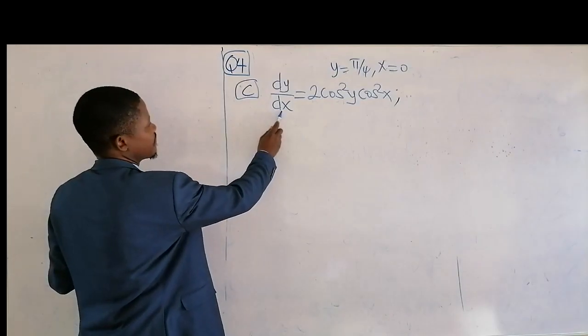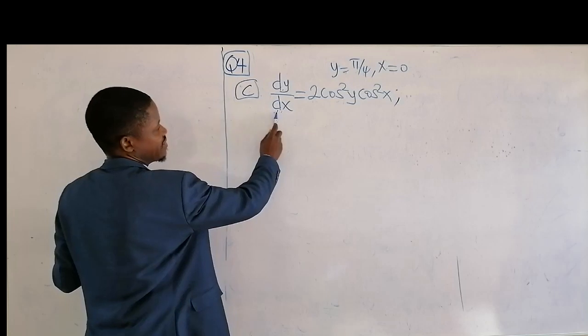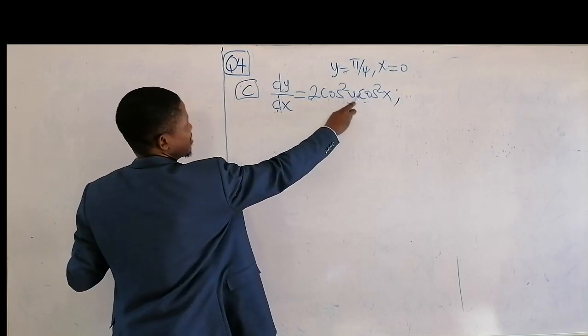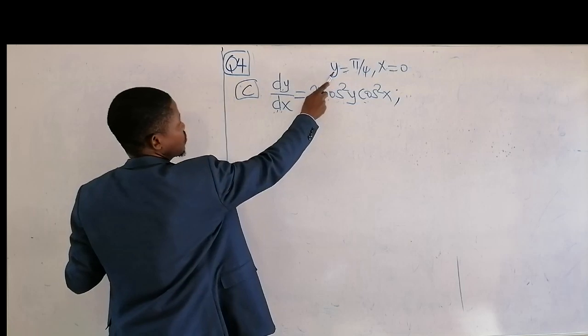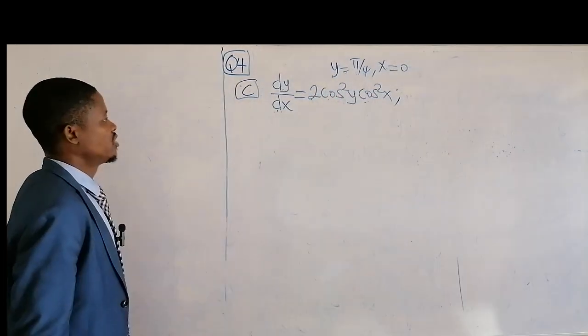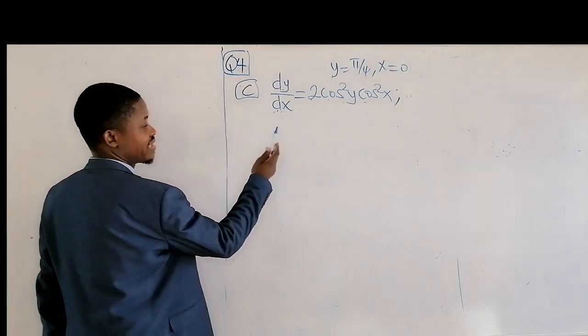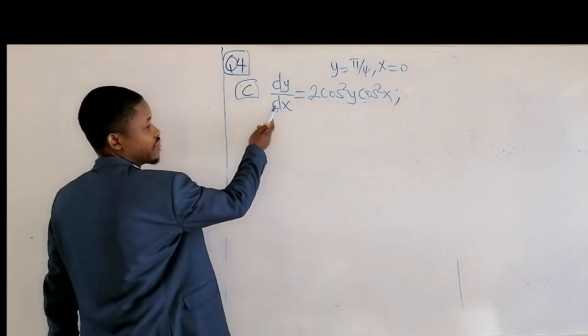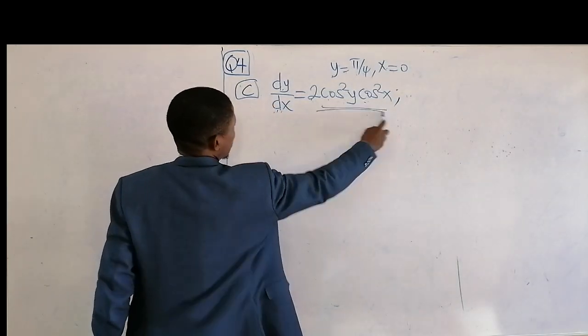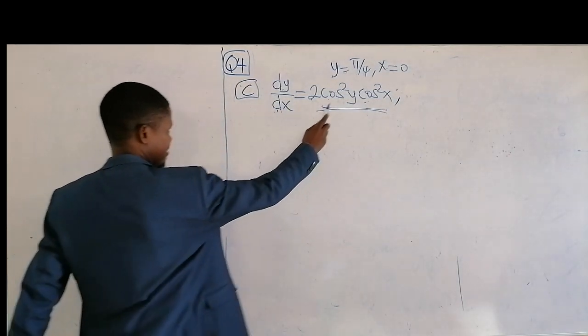The c part, we have dy/dx equal to 2 cos square x times cos square y. And we have the boundary condition, y is equal to pi over 4, x equals 0. So what do we do now? Let's quickly separate the variable, because this is a first order differential equation, and it involves x and y.